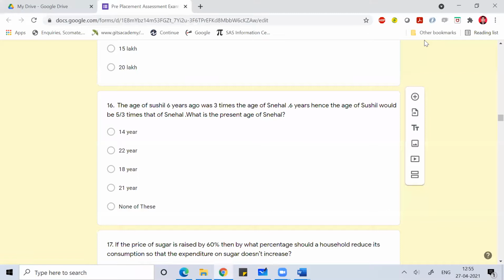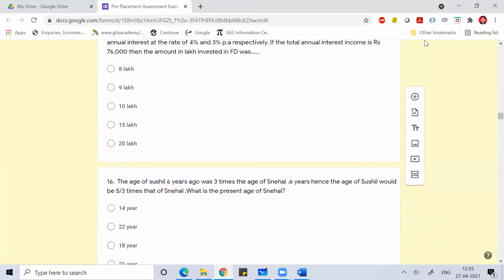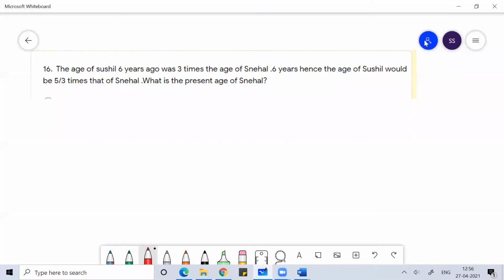So question number 15 was 9 lakh. Now see question number 16.